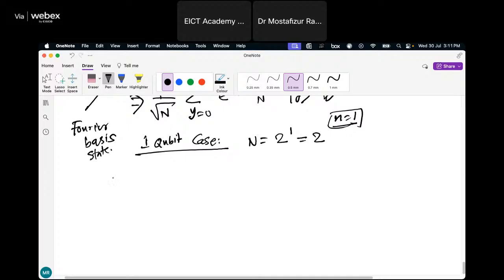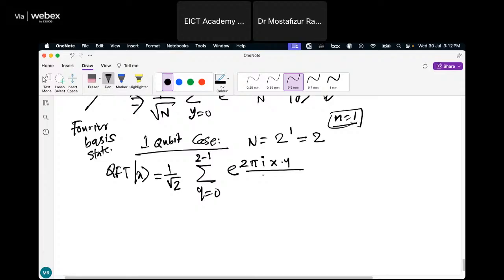Then QFT of ket x equals 1 upon square root 2. Let us try to write the definition. So 1 upon square root 2, summation of y equals 0 to 2 minus 1, e to the power 2 pi i x y divided by 2, ket y. Let's first write the equation, then break it.